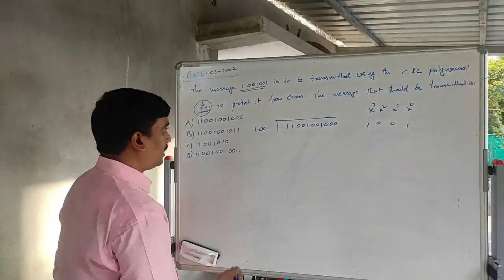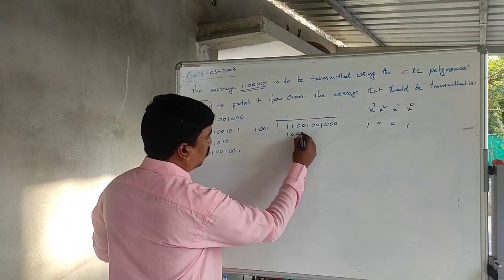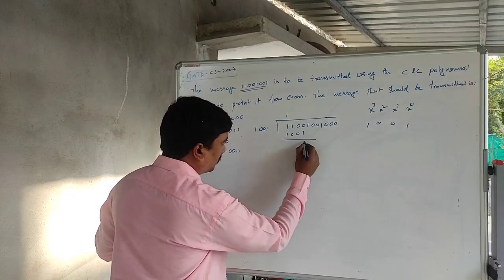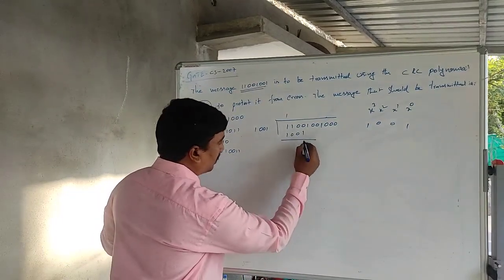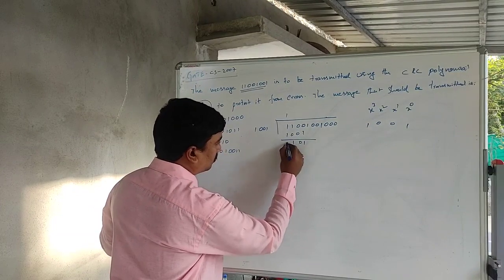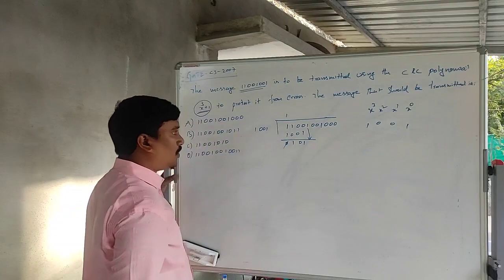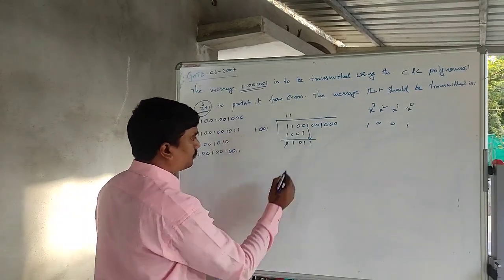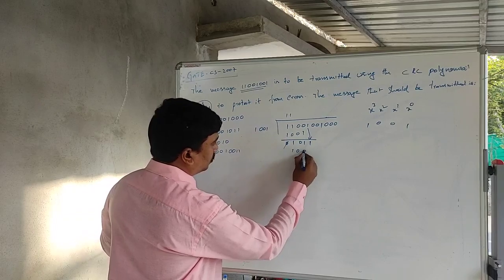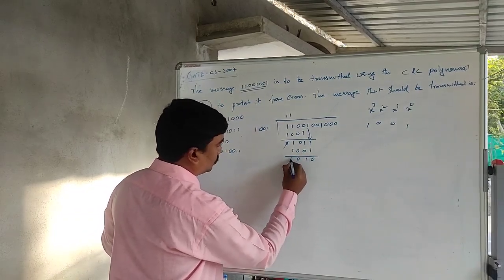Then let's do it one time, that is 1001. Apply the subtract operator or XOR gate, XOR value, cancel it. One bit should be put down, that bit should be 1 here, and again one time 1001 0 1 0 0.